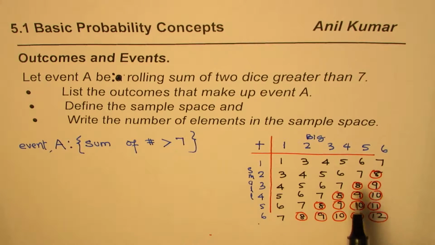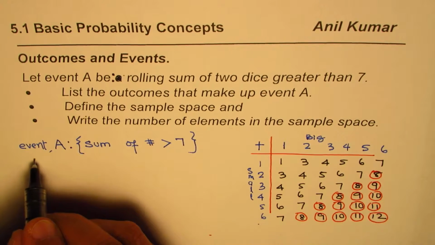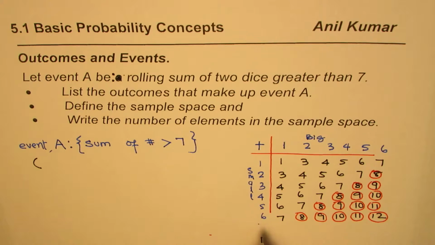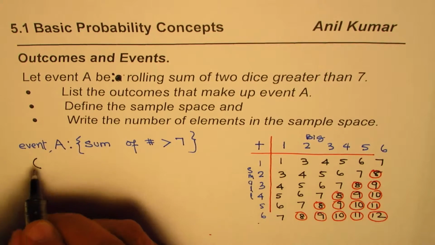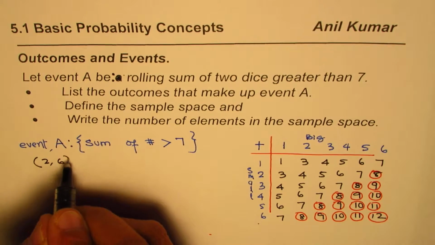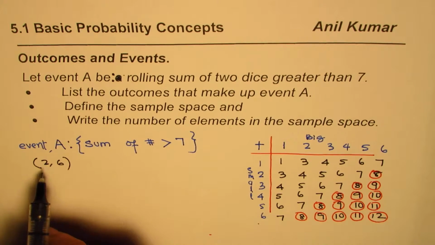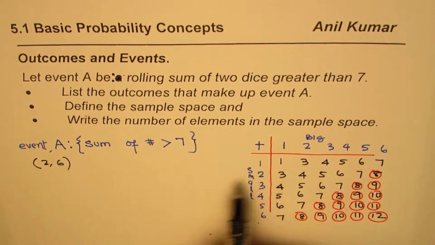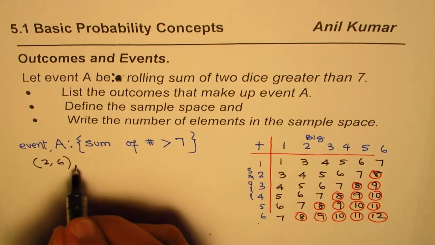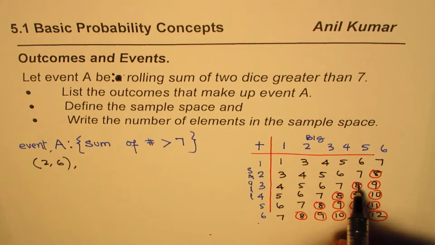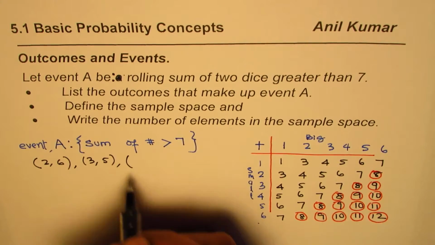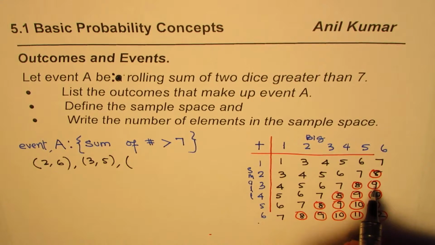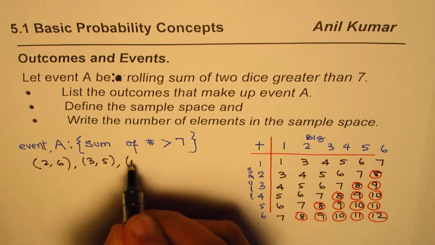A good way of writing them is like we write coordinate points, right? So we can write this as 2, 6, where the first number represents the number on the small die and the second one on the big die. The second combination could be 3 and 5, so 3 on the first and 5 on the second. And then we have 3 and 6, which gives us 9.